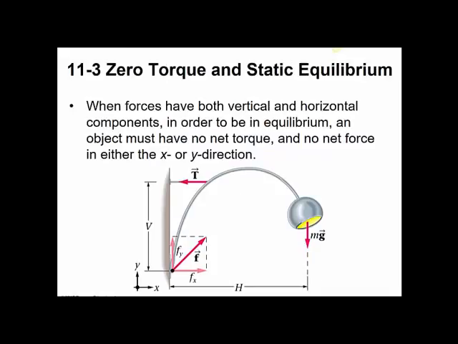And you see we have a supporting rod right here. That supporting wall has to pull with enough torque to counteract the torque of the lamp's weight.